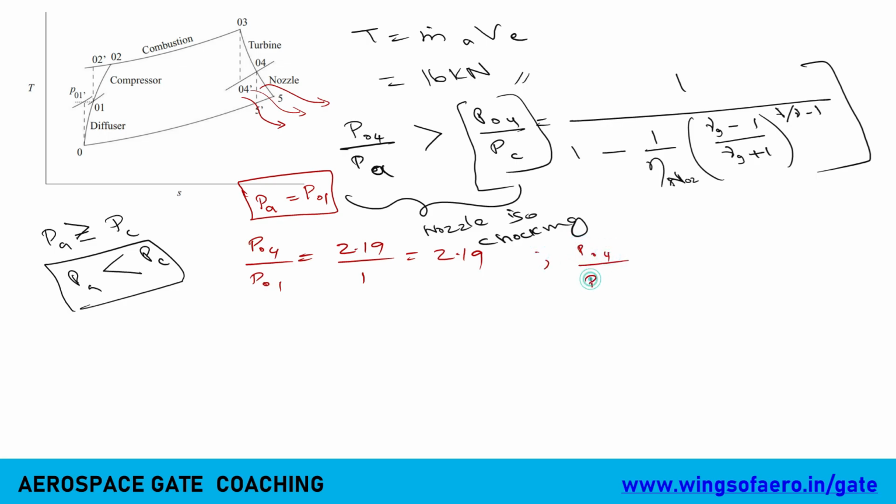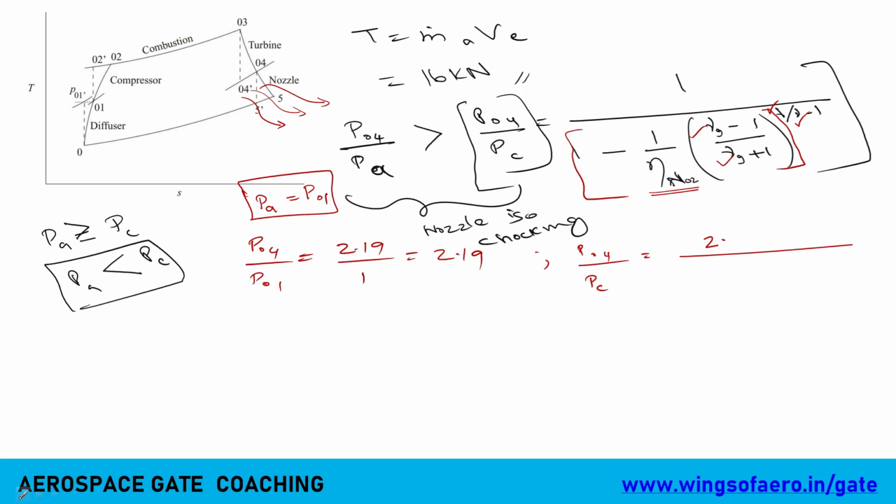Now you need to use this formula, P04 by PC. The eta nozzle value is given, the gamma value is 1.33, here also 1.33. Find out and tell me this ratio. What is the value you are getting? I hope you have found this. Just check here, the whole power, gamma by gamma minus 1.